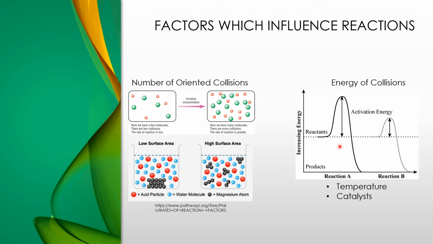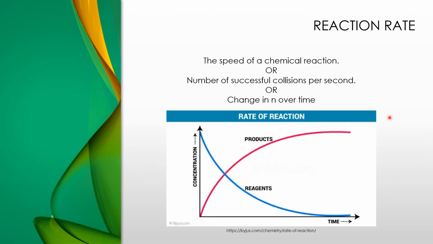So if you had a collision that had an energy level, say where my marker is now, that would probably mean that reaction A wouldn't proceed. But if there was a collision with the reagent in reaction B, then if they had that amount of energy, then that reaction would probably proceed. And this all affects this reaction rate, which I keep talking about.